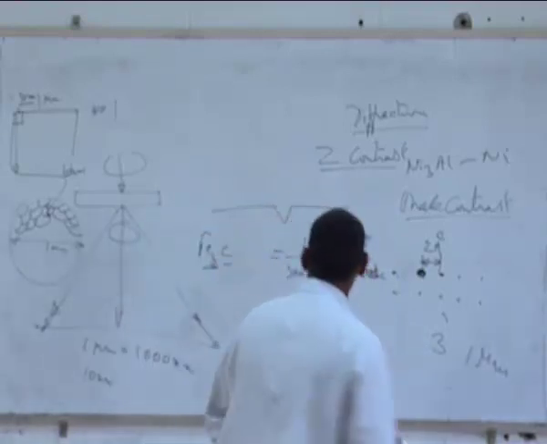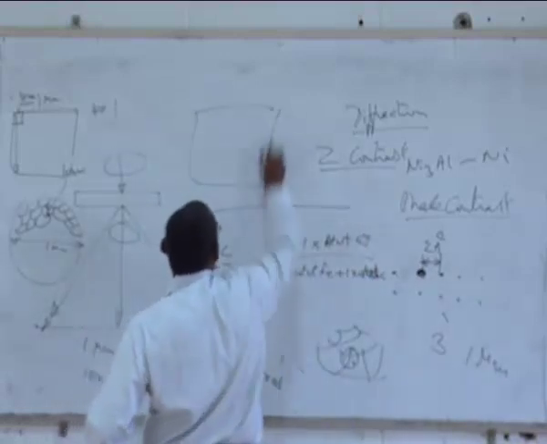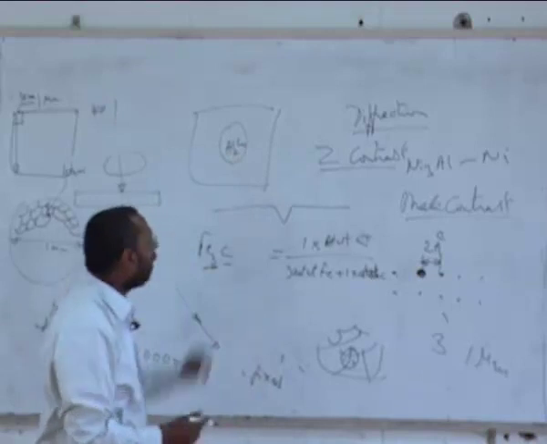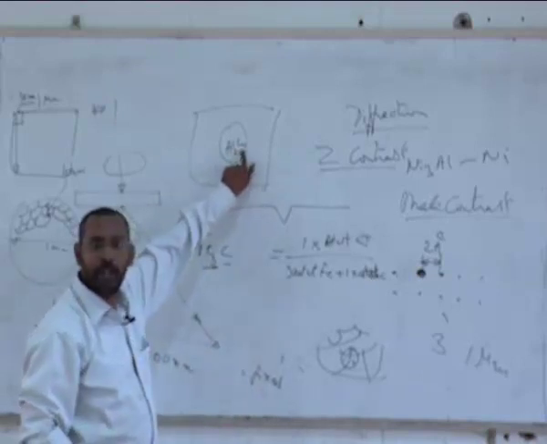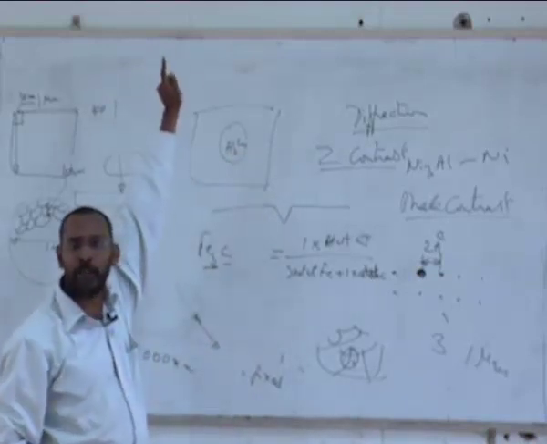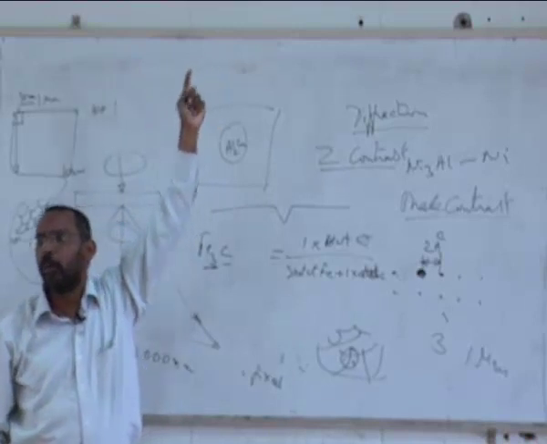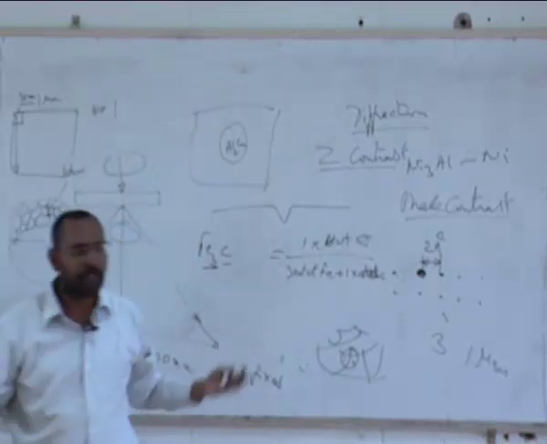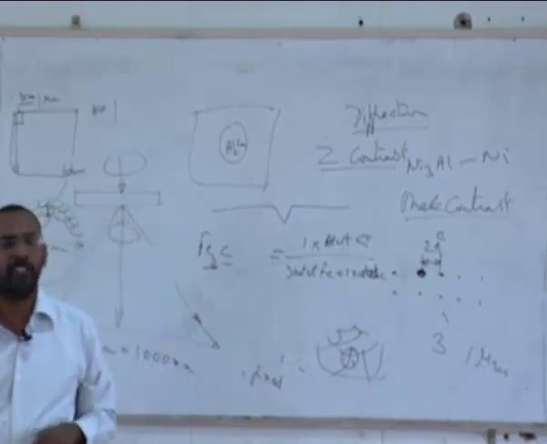For example, if I have this matrix with a precipitate of Al2Cu, because it has 33% of copper and copper has a higher atomic number, that means what? More number of electrons, right? Atomic number means number of electrons, right?